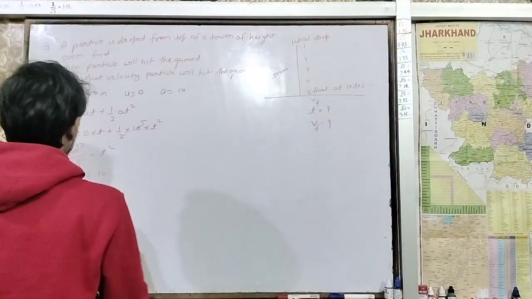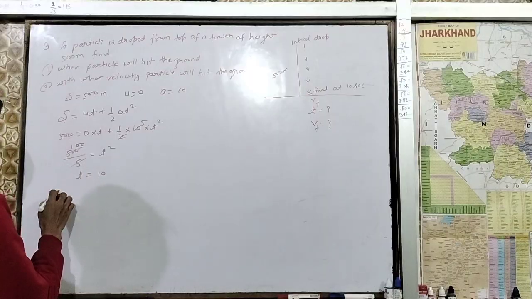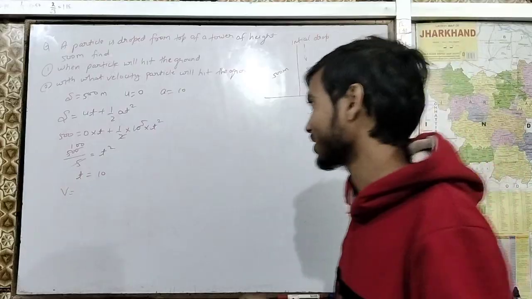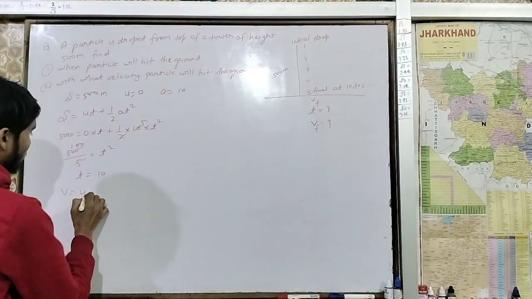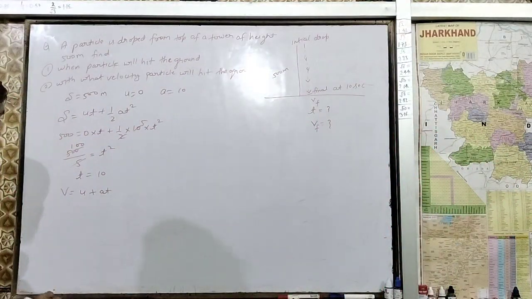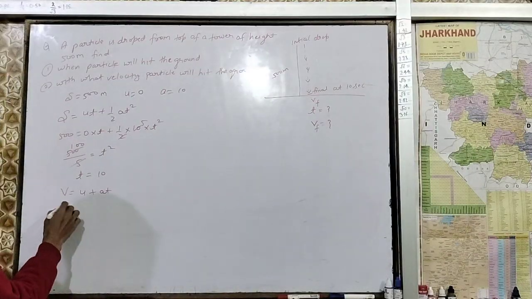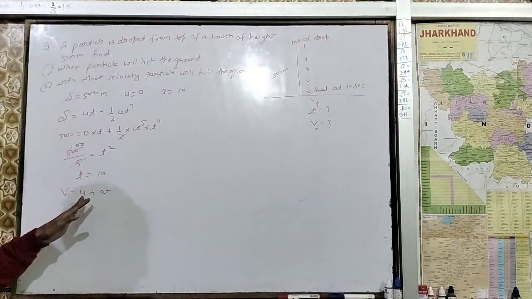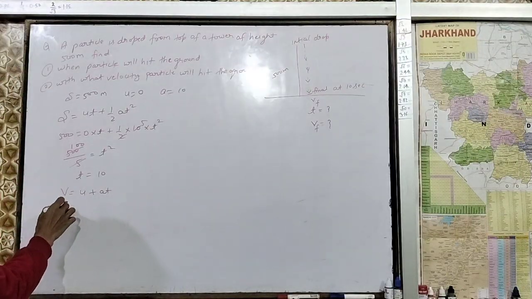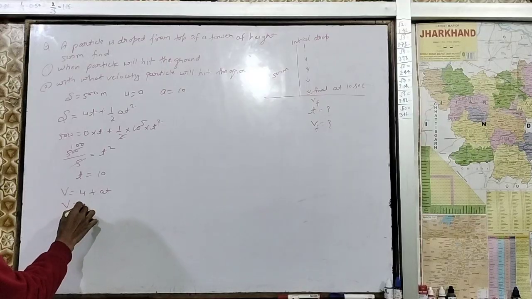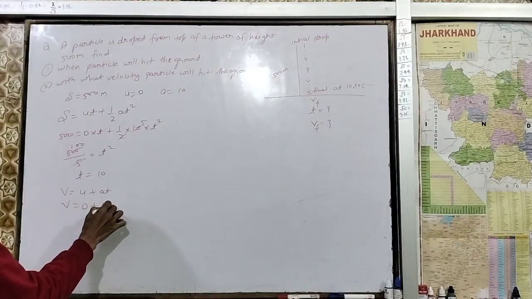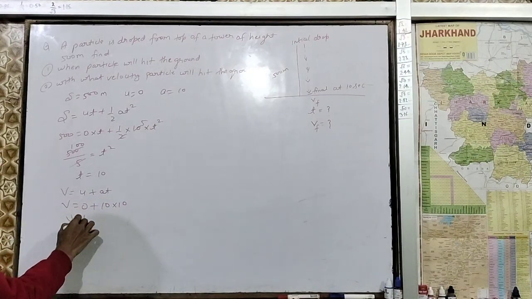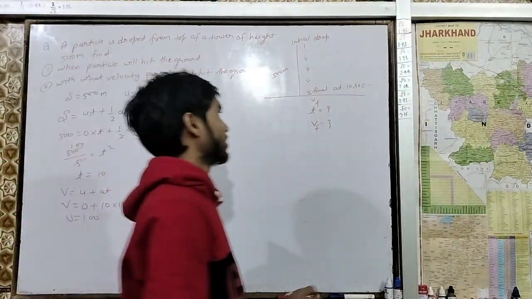Now what would be our final velocity? V equals u plus at. We are considering V as final velocity and u as initial velocity. So u is 0, a is 10, t is 10. This final velocity came as 100 meters per second.